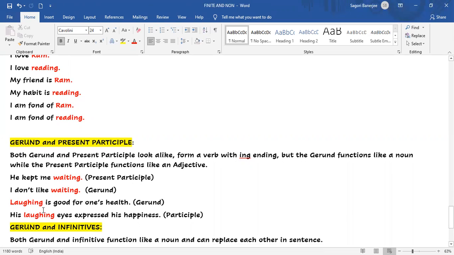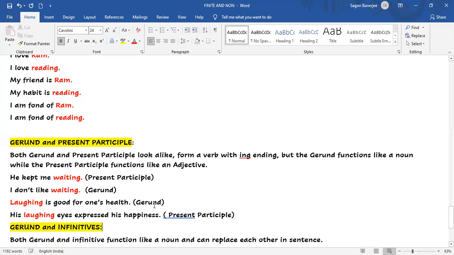What kind of eyes? Laughing eyes. So this laughing is telling something about eyes. So here this second laughing is functioning like an adjective. So this has become a present participle, whereas the previous laughing is a gerund.